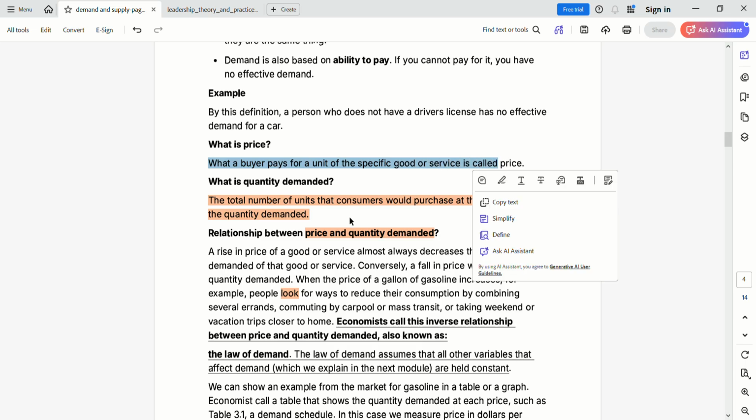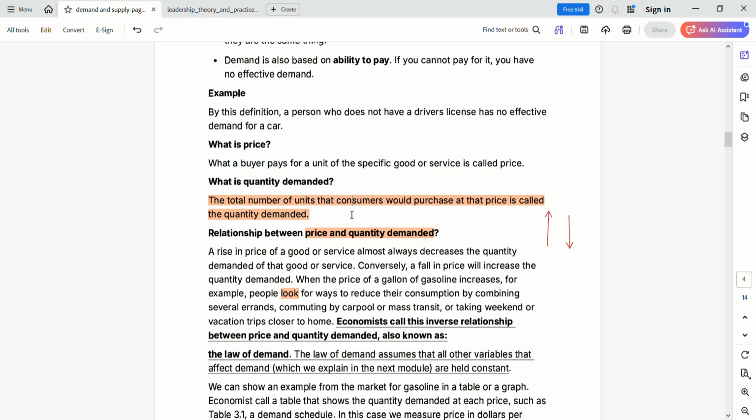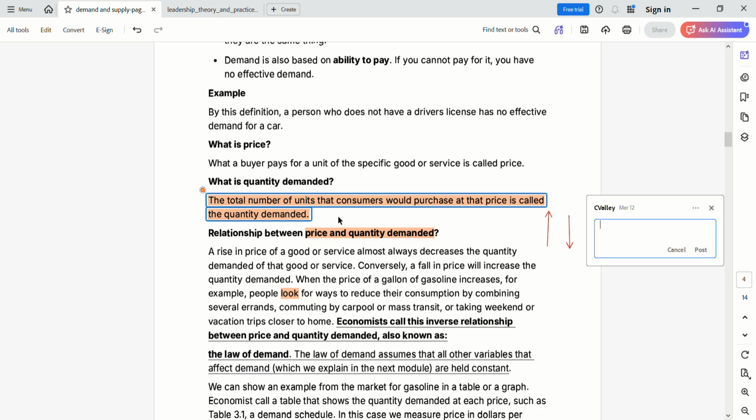If the consumers in a specific market demand 1000 kg mangoes at rupee 200 per kg, the total units that the consumers are willing to purchase is called the quantity demanded.